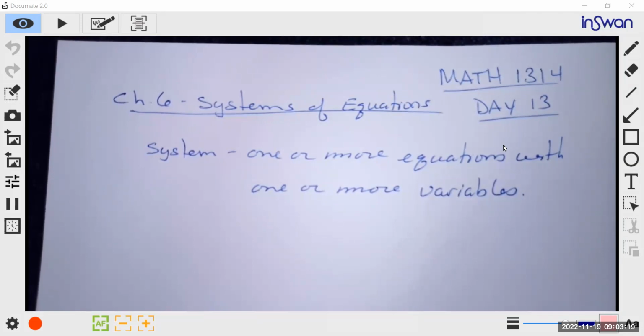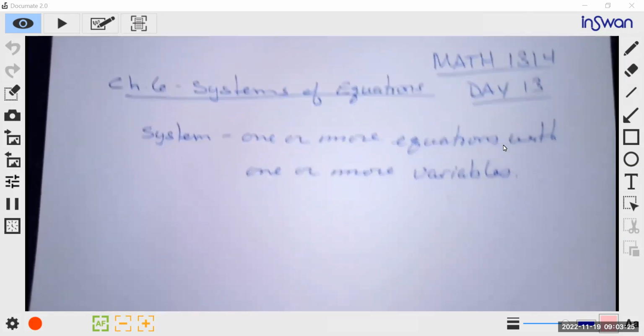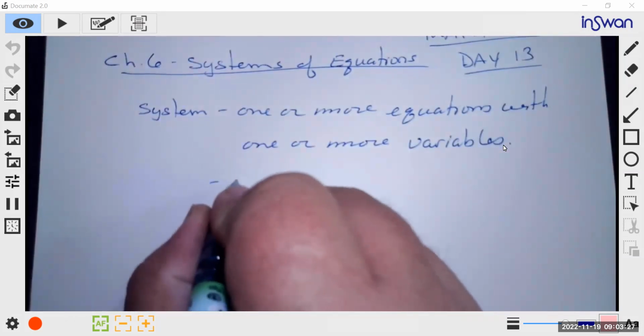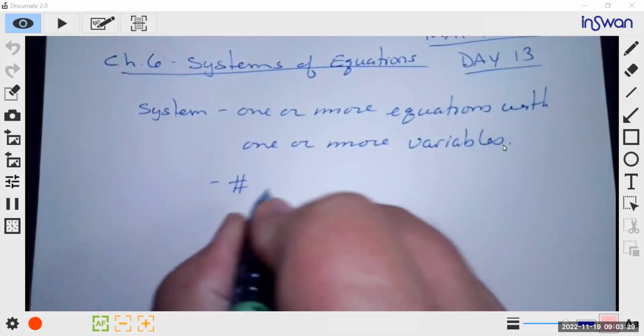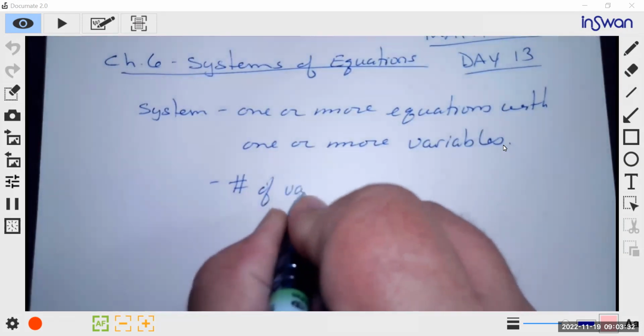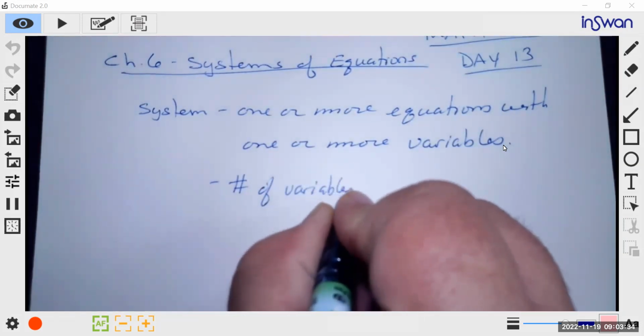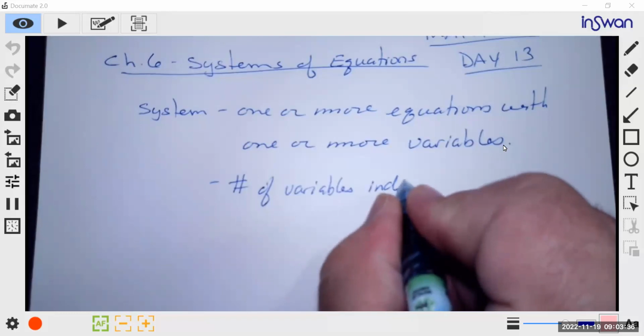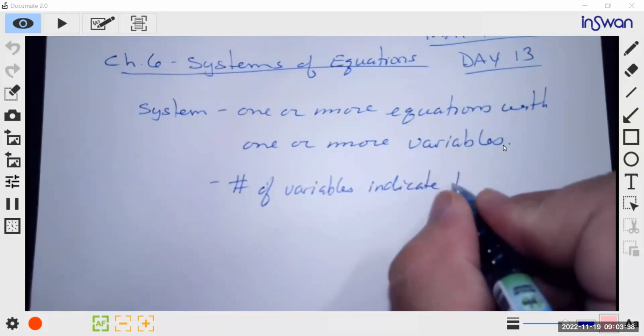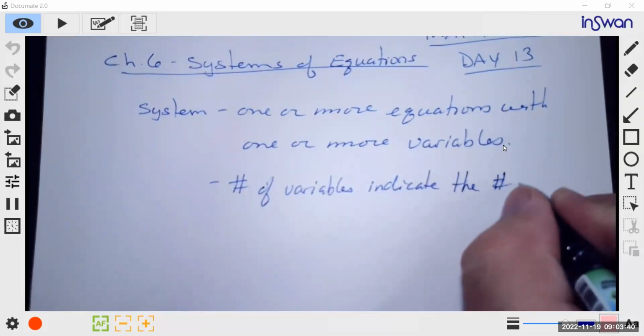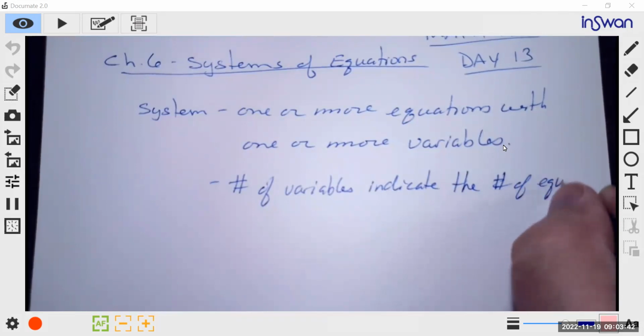So one or more equations with one or more variables. Basically, it says the number of variables indicate the number of equations needed.